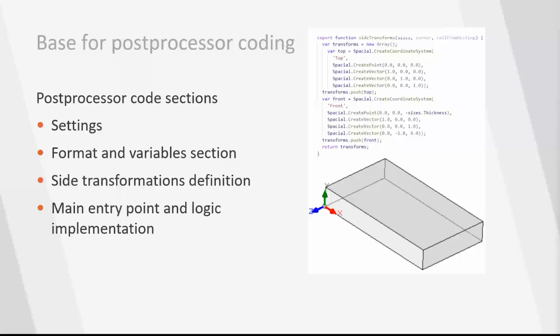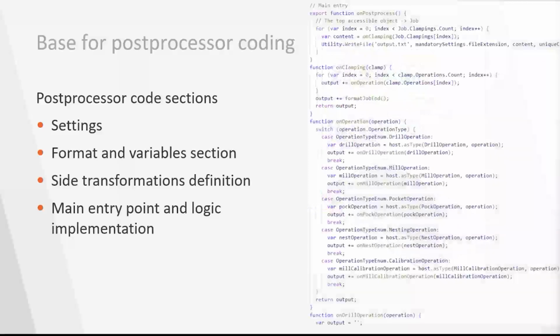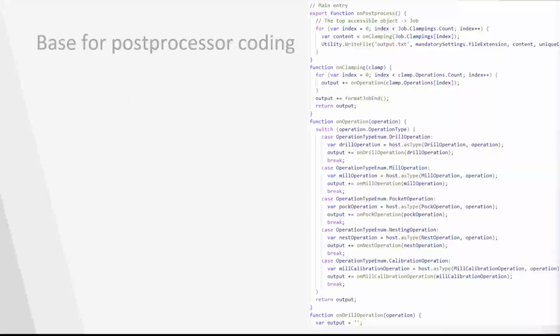So, if you want a point or vector on the front side, you have to define the site in this section. As you see, the front side origin is shifted down by the thickness of the part, and Y and Z axes are redefined. And the last section is the main entry point and implementation of the logic of the postprocessor, and we already met with it.